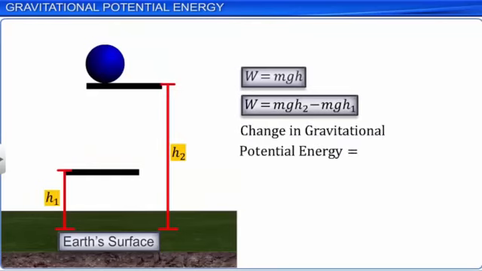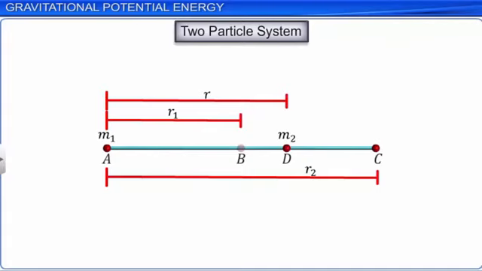The gravitational force of attraction between particles of masses m1 and m2, separated by distance r, which acts along dA, is G m1 m2 divided by r square. Let this be equation 1.